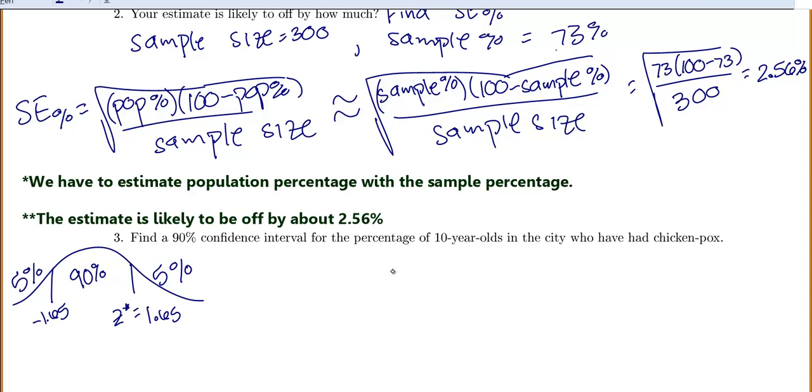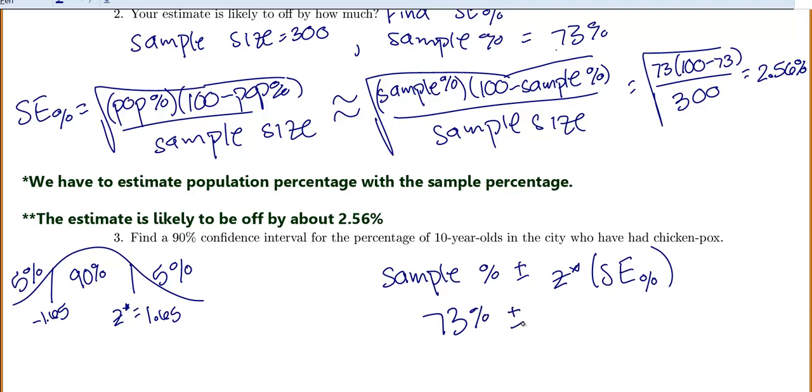So now I can calculate my confidence interval. The formula is sample percentage plus or minus z star times the standard error for your percentage. My sample percentage was 73%, plus or minus z star, which is 1.65, which we calculated over here, times the standard error, which we calculated in the previous part, so 2.56%.